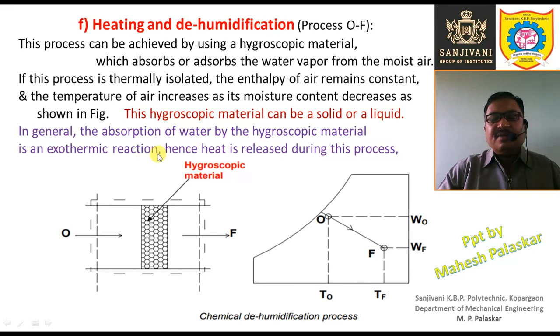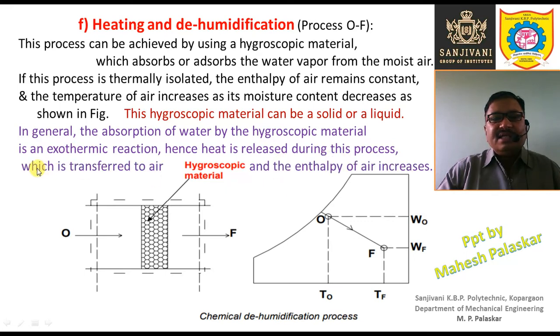So during the exothermic reaction, heat is released, and this heat release is transferred to the air, and thus the enthalpy of the air increases, or we can say the dry bulb temperature of the air increases due to the heat released during the exothermic process. Okay, so this was about the heating and dehumidification.